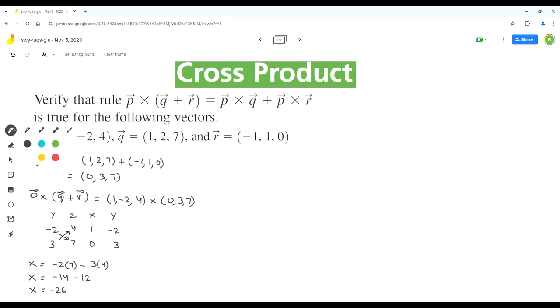Now we can find the y component. So we'll do the cross multiplication. So the y component is negative 7.